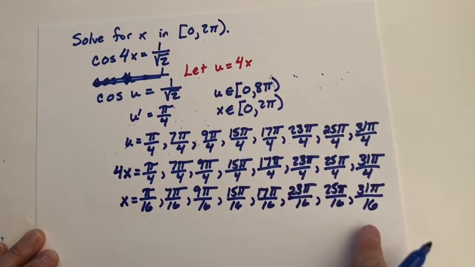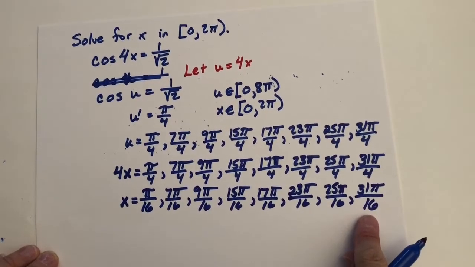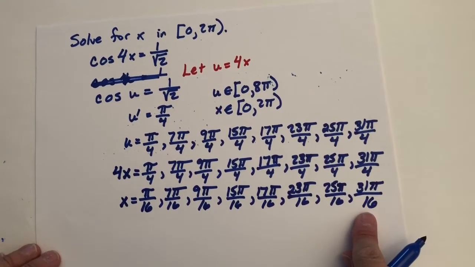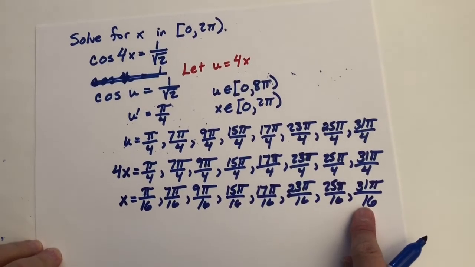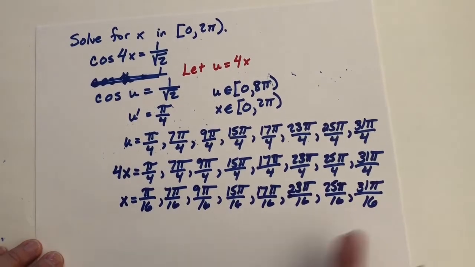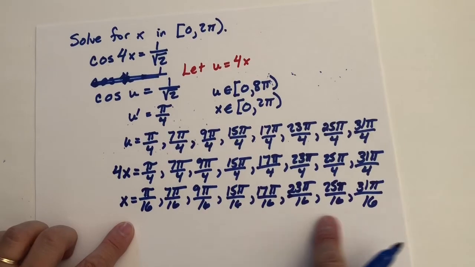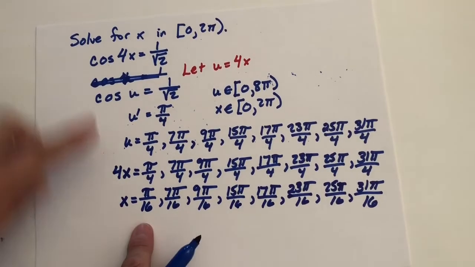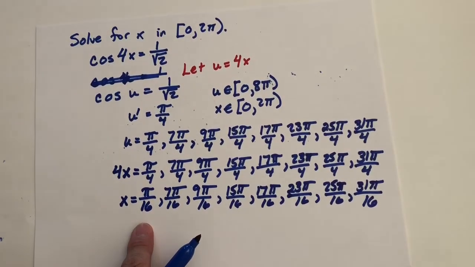And notice this is just under 2 pi because 2 pi would be 32 pi over 16. And we have our solutions between 0 and 2 pi for this particular equation.